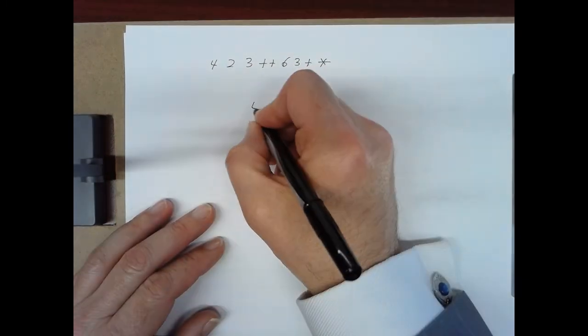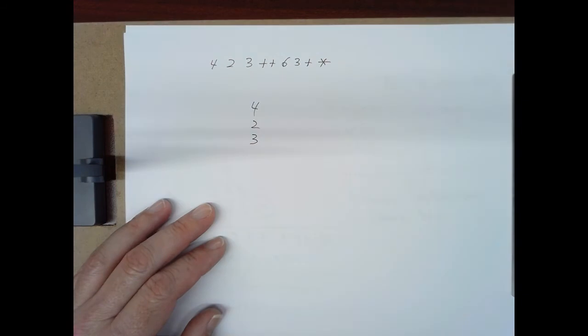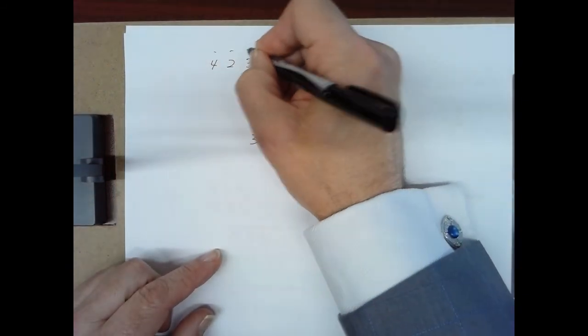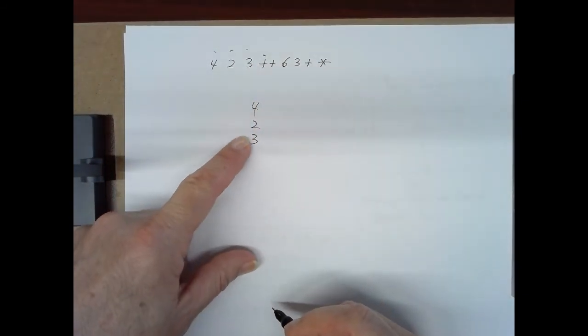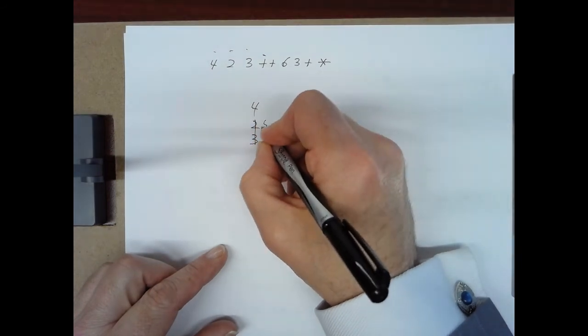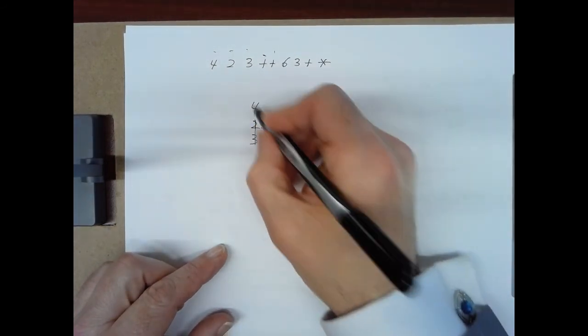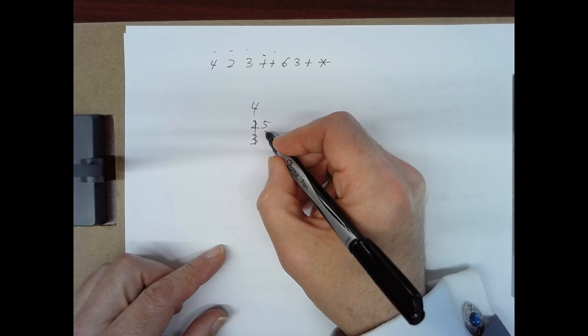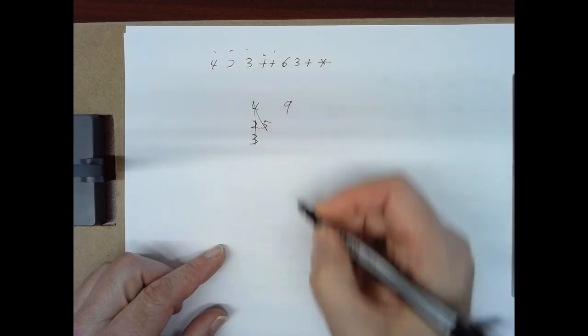Right? So push a 4, push a 2, push a 3. When you get to the plus, pop off the last two, add them, push that on your stack, so you get a 5. You get to the next plus, pop off the top 2, add them, push that on your stack, so your stack has a 9.